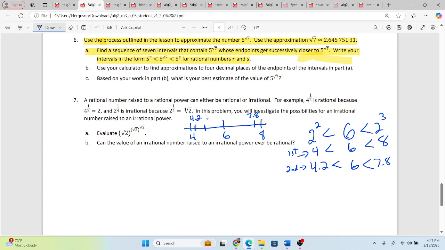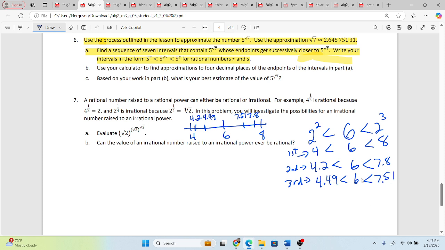I'm going to say 4.49 and 7.51. This is my third interval, and I'm going to say 4.49 is less than 6, and 6 is less than 7.51.